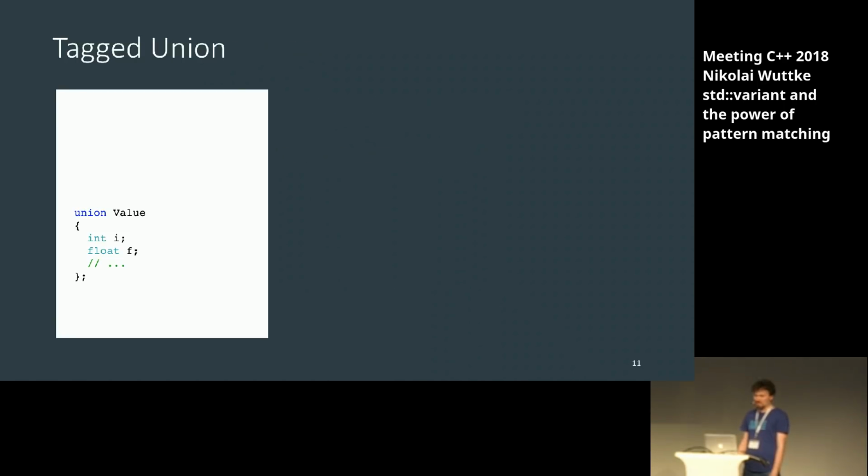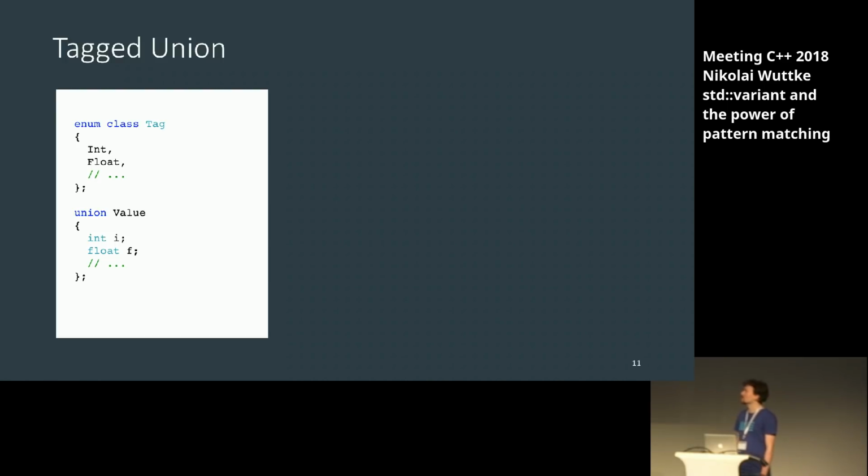And how could we do something like this in C++? Already in C we have a union, which is kind of like this. You declare a union, and it has these different types, like int and float, and it can represent any of them. But the problem is that you need to manually keep track of which one is currently active.